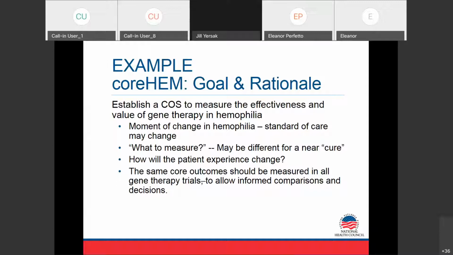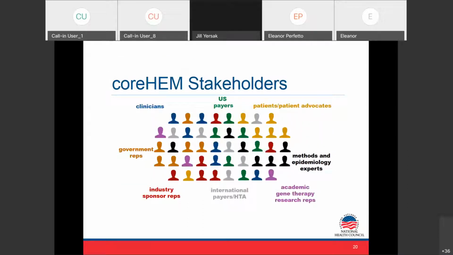Are you going to be able to compare different gene therapies on that basis? What other outcomes should we be thinking about as important to measure in this very different therapeutic context? So that was why we decided to do a core outcome set in this, because gene therapy was really changing the landscape.